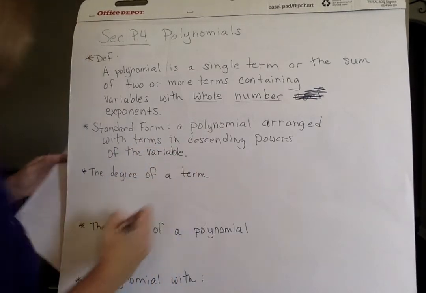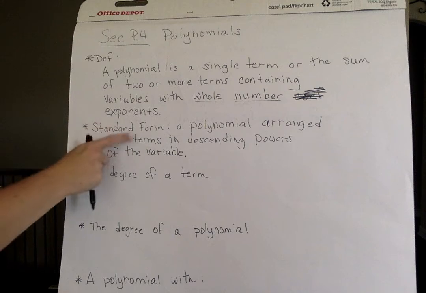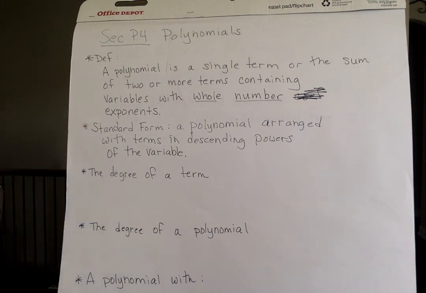Okay. So if you're dealing with a polynomial that has several terms with variables, we're going to start writing the polynomial in standard form with the highest power of the variable first, and then going down.